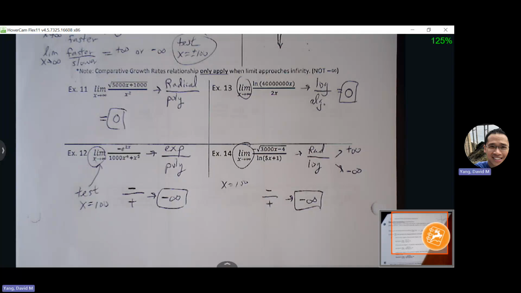Sometimes students have asked, wait, what if the numerator was log plus polynomial, but then denominator was radical plus exponential, then which one is growing faster? You're not going to see a problem like that. Comparing growth rates is for where it's easy for you to quickly make a conclusion.